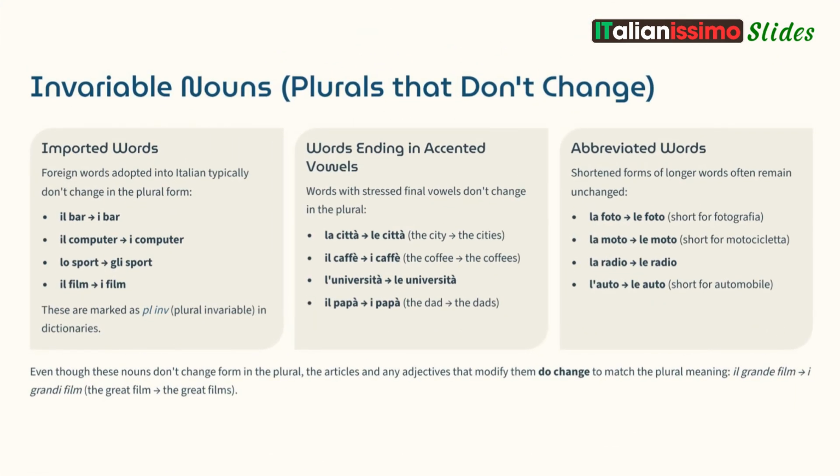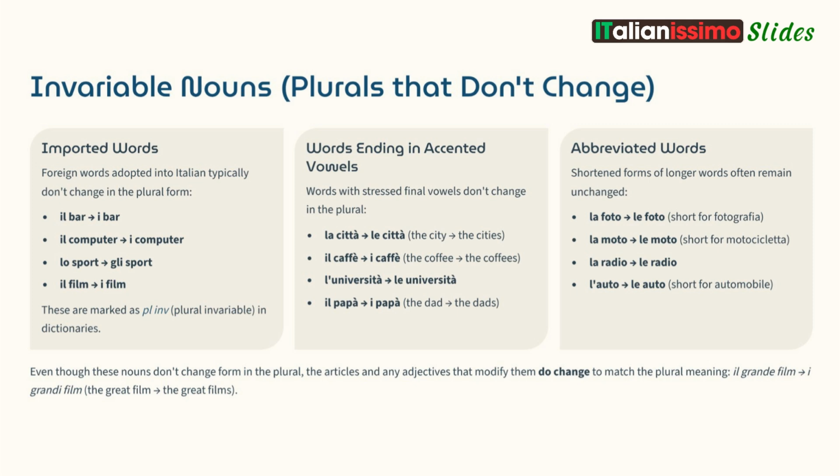Invariable nouns, or plurals that don't change. Imported words like il bar goes to i bar, il computer goes to i computer, lo sport goes to gli sport, il film goes to i film. Words ending in accented vowels like la città goes to le città, il caffè goes to i caffè, l'università goes to le università, il papà goes to i papà.